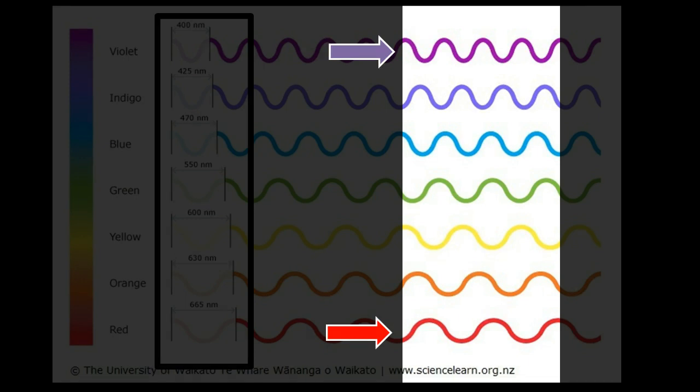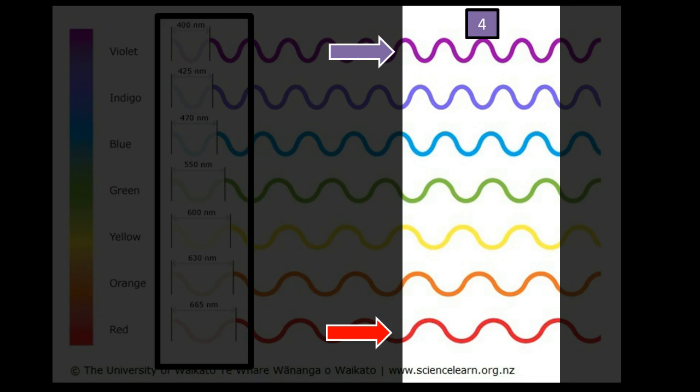So if we said that that section of white is a period of 1 second, we can say that there are 4 wavelengths per second for violet. All right? So every second, 4 full waves go through. That is called frequency. The number of wavelengths per second. So for violet, it's 4 wavelengths per second.